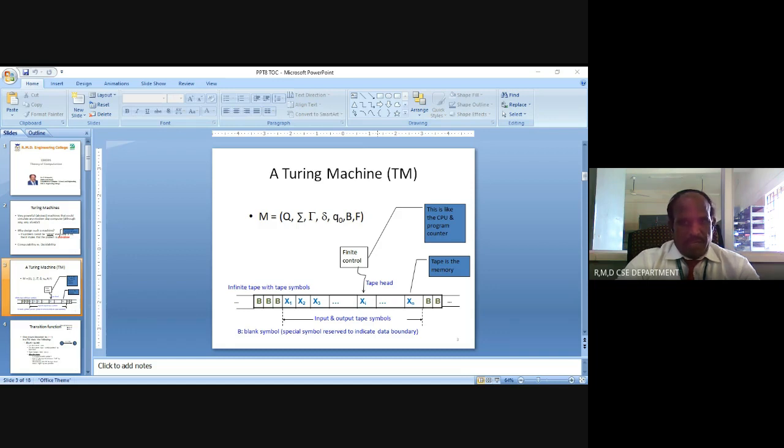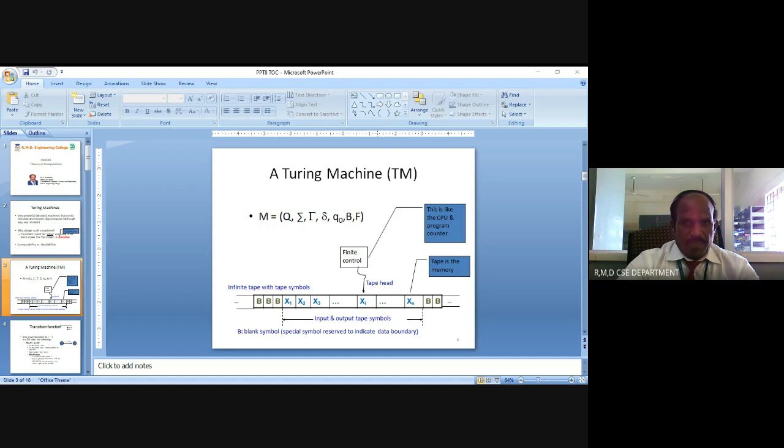So, the transition of the Turing machine, let us see that. Q is one state, P is the next state; one move. The Turing machine does the following. The movement will be used like this: X is the input, Y is the output, D is the direction.